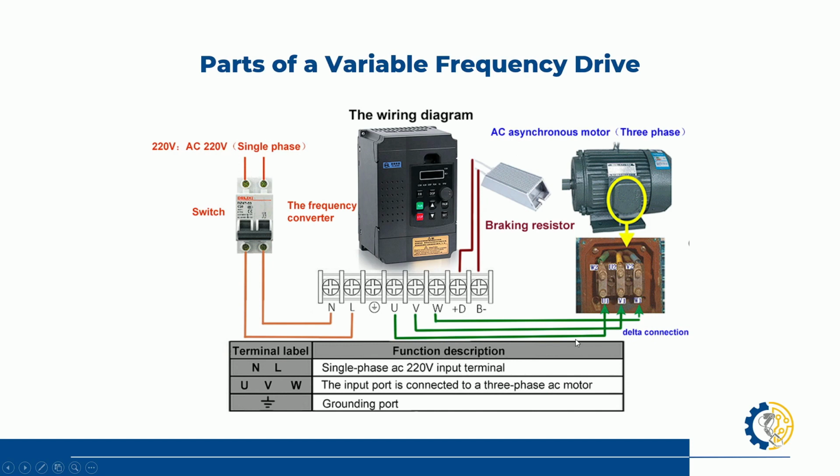Here we have our lid. We remove this, and we have our connection terminal, or the borns. Here we have our delta connection. And if you remember, this is all in vertical.